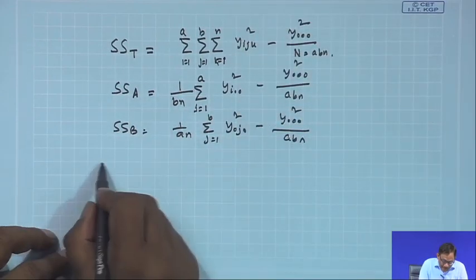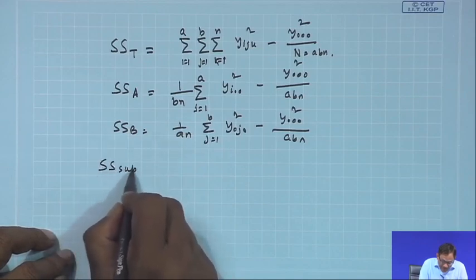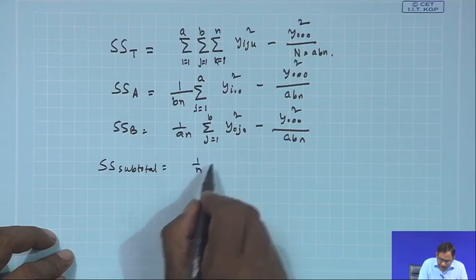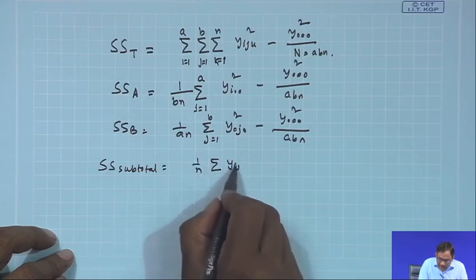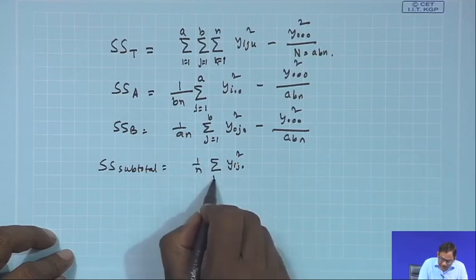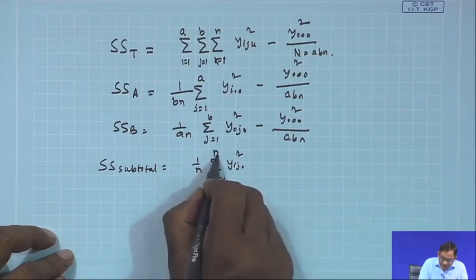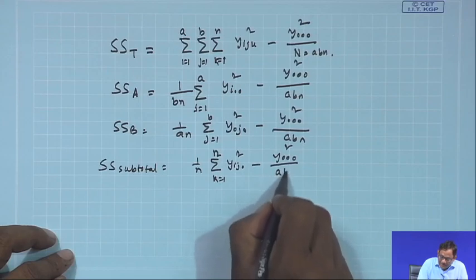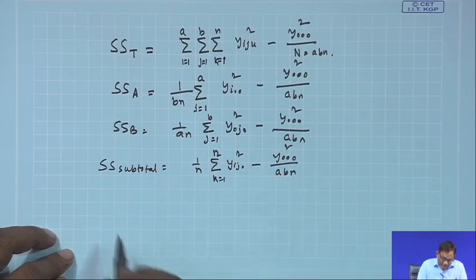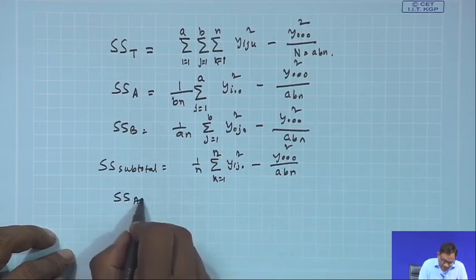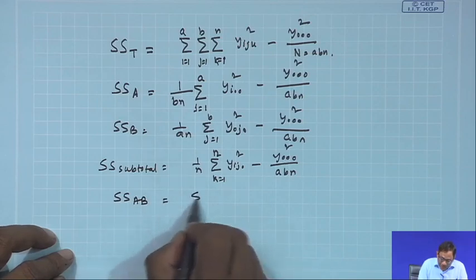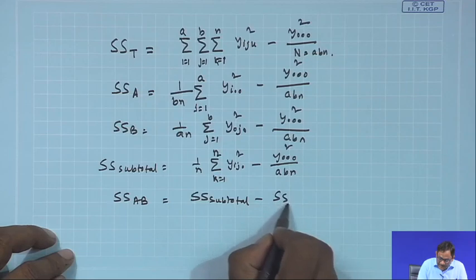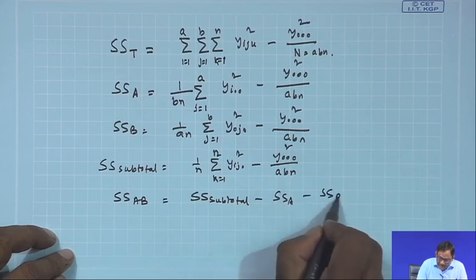Then you create SS subtotal, which is basically 1 by n times the sum of y ij dot squared, minus y dot dot dot squared by abn. Then you find the interaction SSAB, which is SS subtotal minus SSA minus SSB.